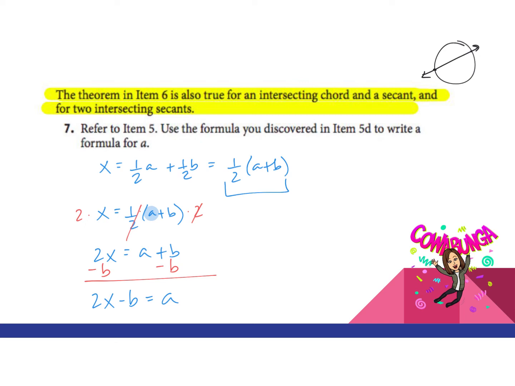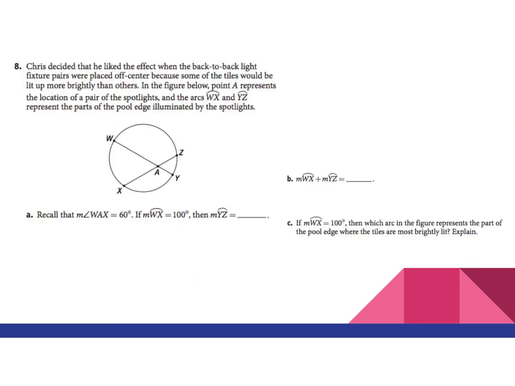Chris decided that he liked the effect when the back-to-back light fixture pairs were placed off-center because some of the tiles would be lit up more brightly than others. In the figure below, point A represents the location of a pair of the spotlights, and the arcs WX and YZ represent the parts of the pool edge illuminated by the spotlights.